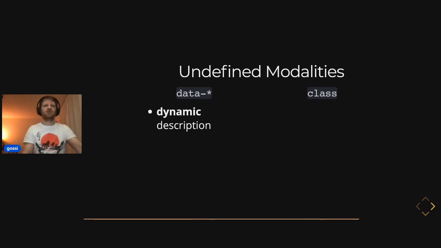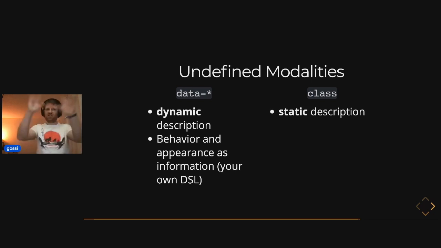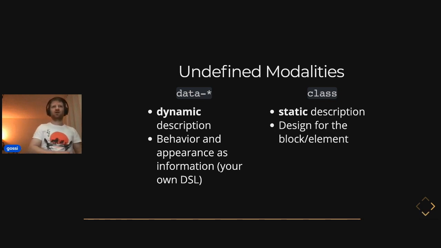For the data attribute, people refer to it as the dynamic description of a component, where you put behavior and appearance as information in your markup, kind of like your own DSL. And for the class attribute, use it only for static description, like the shape or the rough structure of the component that you are using or building.